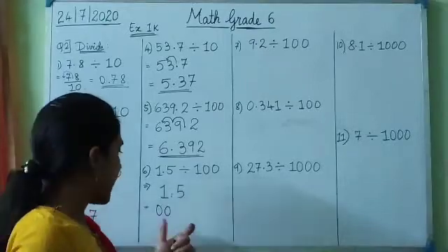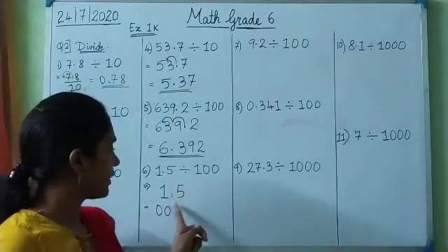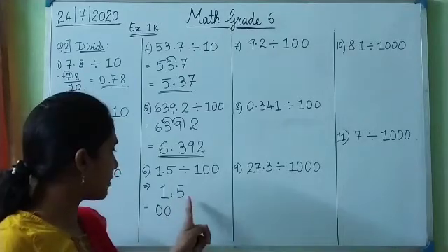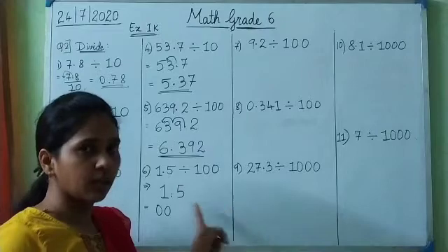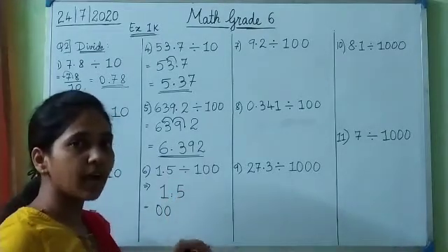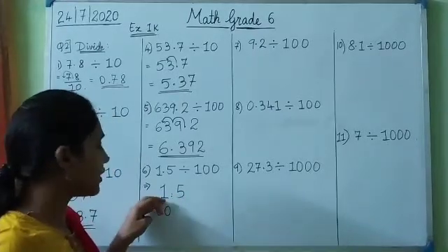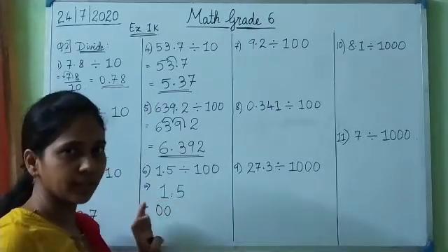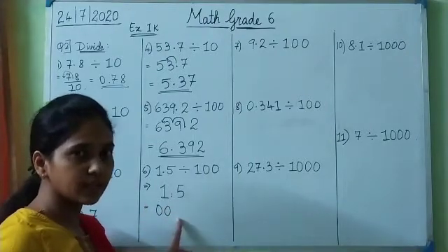I had told you in multiplication also, if there are no numbers after the decimal point, after this number, we can add as many zeros as we want. It doesn't make any difference if we add zeros after the decimal point and before the starting number. The value remains the same.